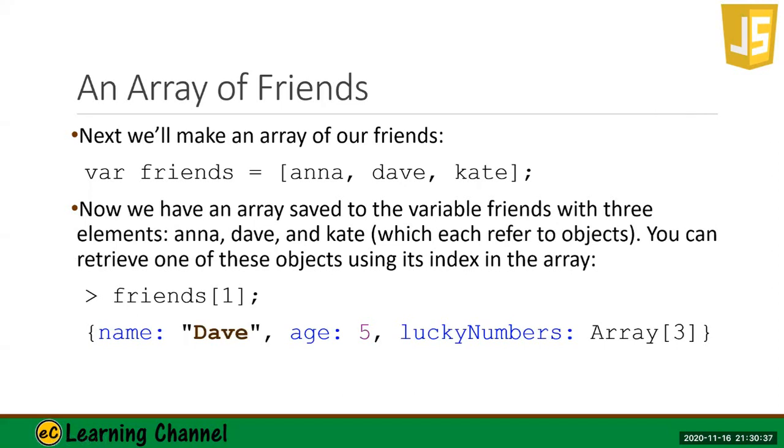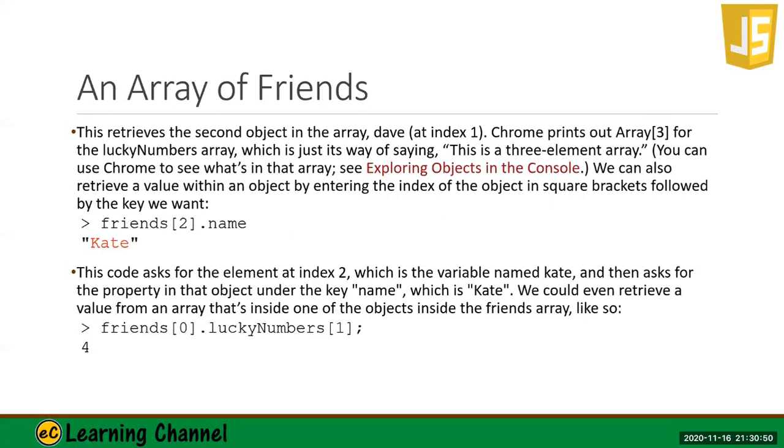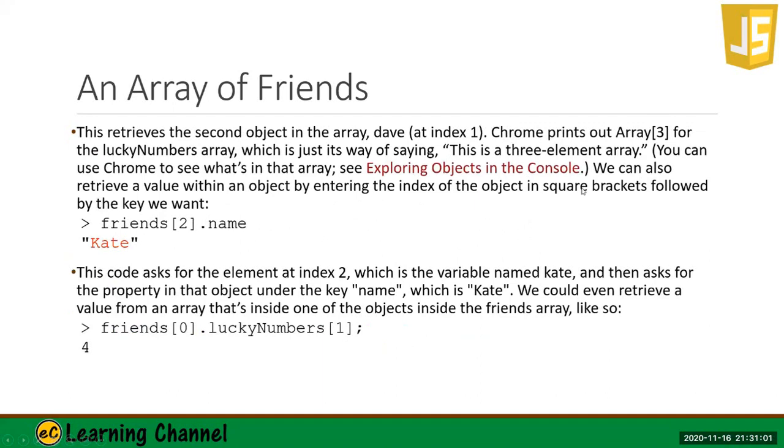Kate's name will be assigned with the Kate over here. And then friend 0 has lucky number 1. Friend 0 is Anna. Anna's lucky number index 1 is 4. Is it okay so far?